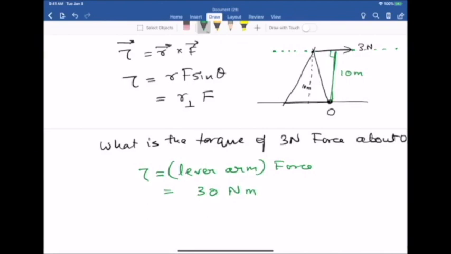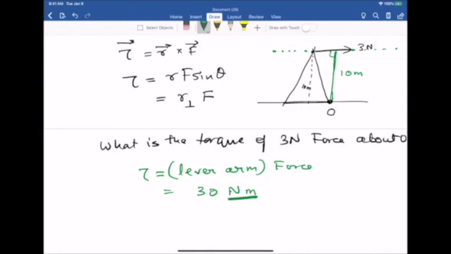Even though dimensionally it's equivalent to energy, it does not make sense to measure torque in joules. That's why when you're talking about a torque, the unit is just newton meters. You don't call it joules. So torque is always just newton meters. Dimensionally it happens to be the same as energy or work, but it does not make sense to use the same units because they're fundamentally different quantities.